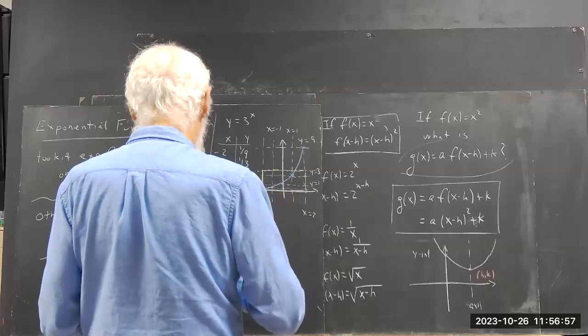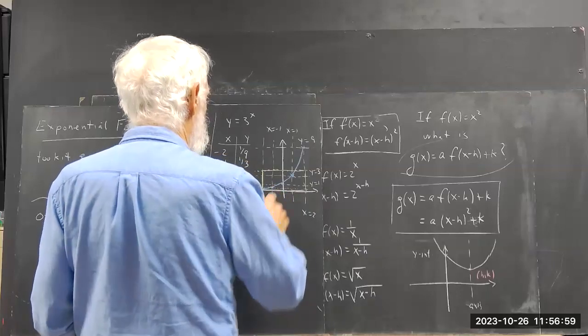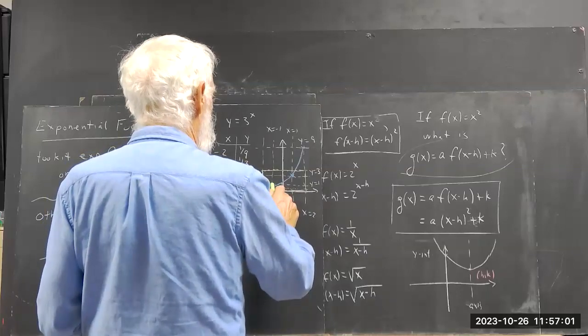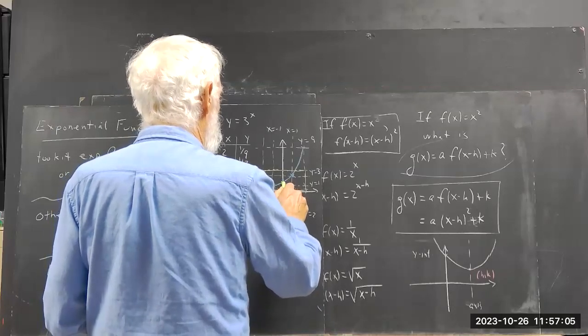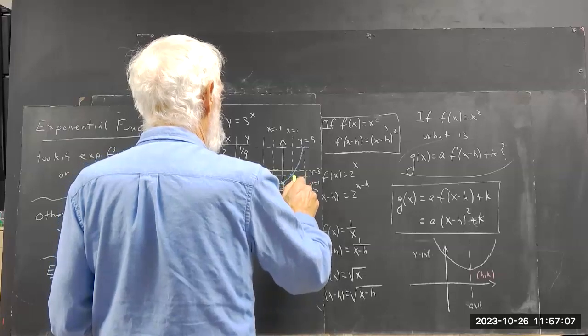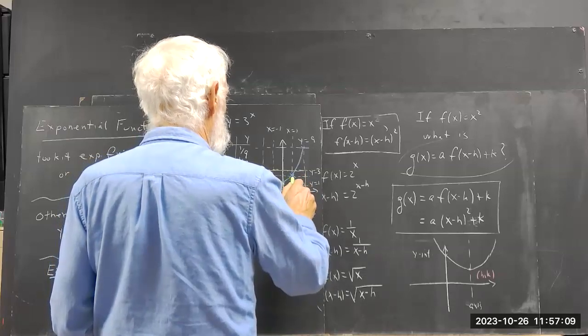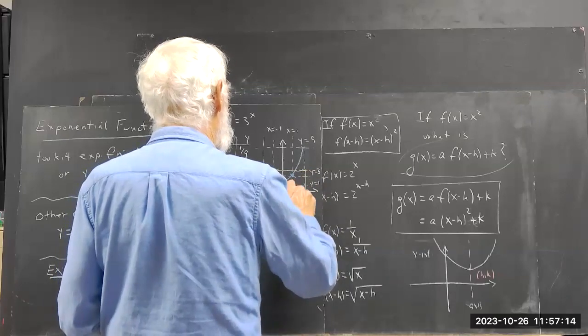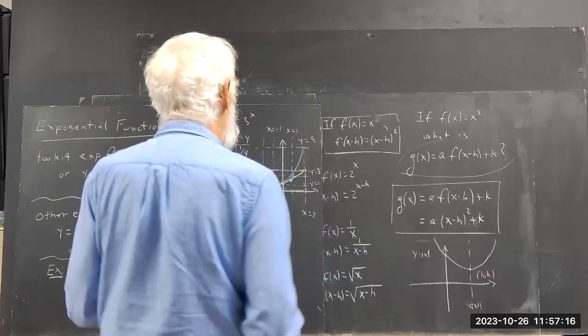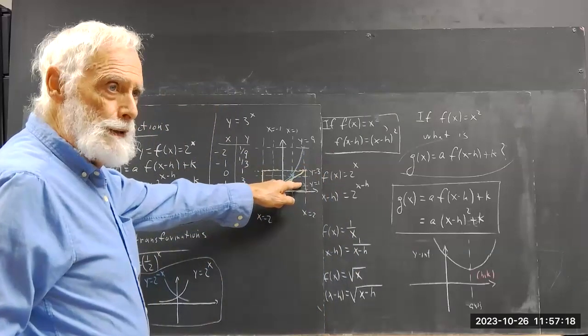And you'd have points like here and a little higher here. Point would be through y equals 1, but then we'd only go up to y equals 2, and finally y equals 4. So our y equals 2 to the x function is down here.